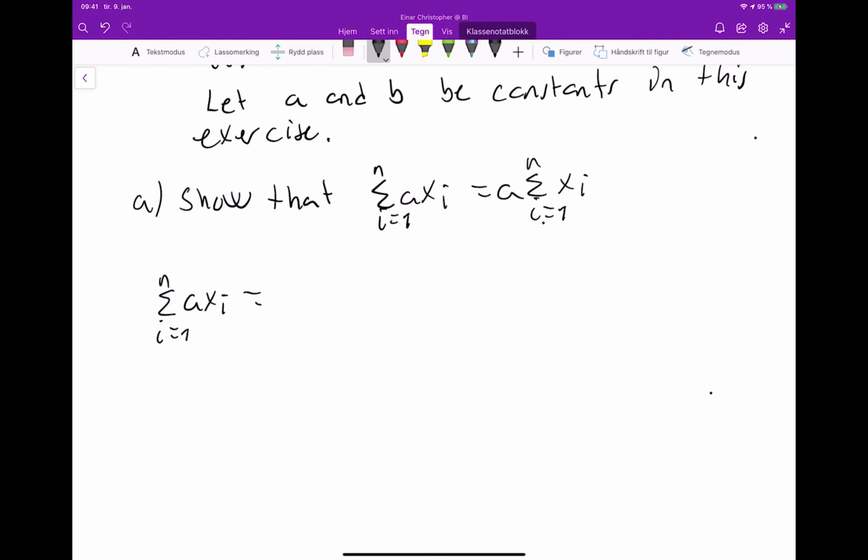And then we write this out just as above, but this time when i is equal 1 we get ax1, and when i is equal 2 we get plus ax2, and so on, plus ... plus axn.